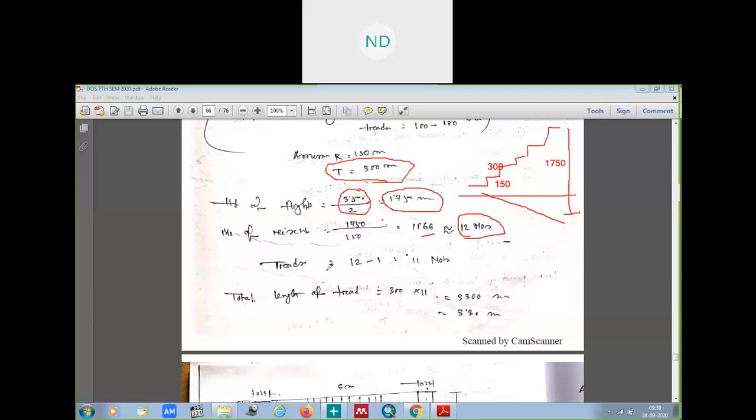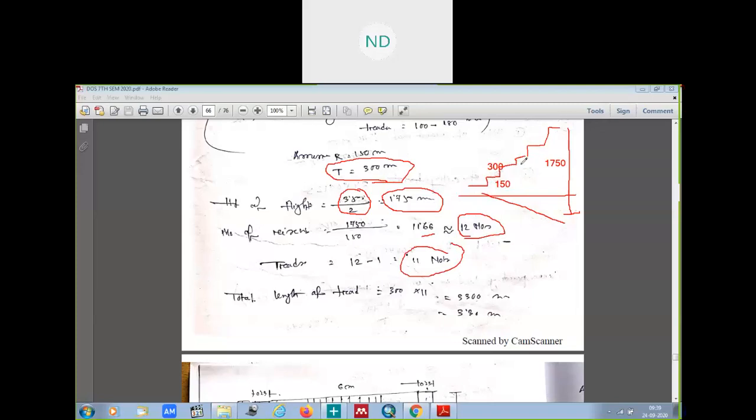And then treads will be one less than your number of risers. Because you see here, if this is your riser, one, two, three, four, five, and treads one, two, three, four, five, and here again one riser will be there.